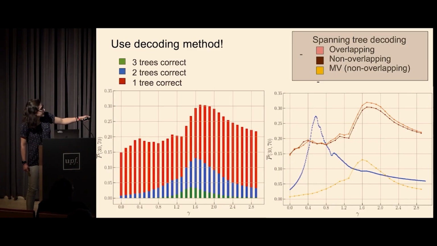But this increase in performance that we see here occurs from when we have just a single spanning tree correct. Therefore, we can only access this if we are using this lowest energy measuring technique.